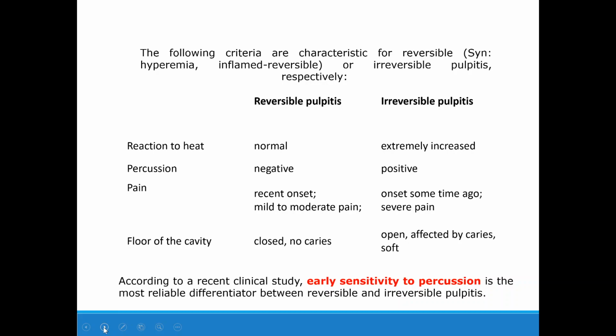Pain: in reversible, recent onset, mild to moderate pain; in irreversible, onset some time ago and severe pain. The bottom of the cavity: in reversible pulpitis it's closed, and in irreversible it's open, affected by caries, and usually soft.